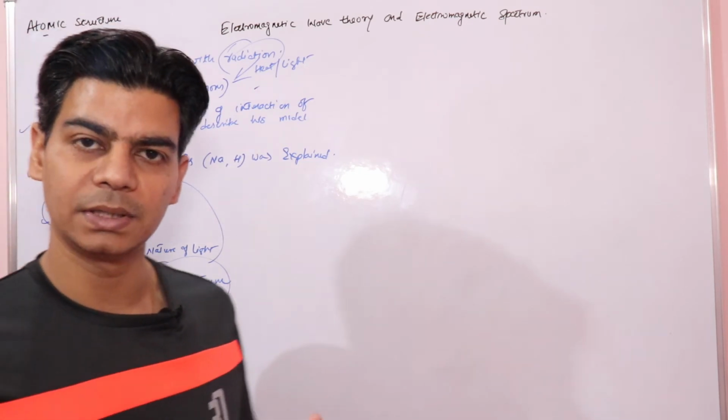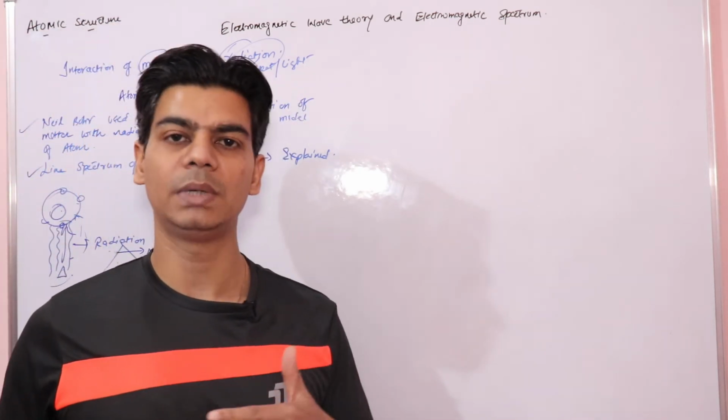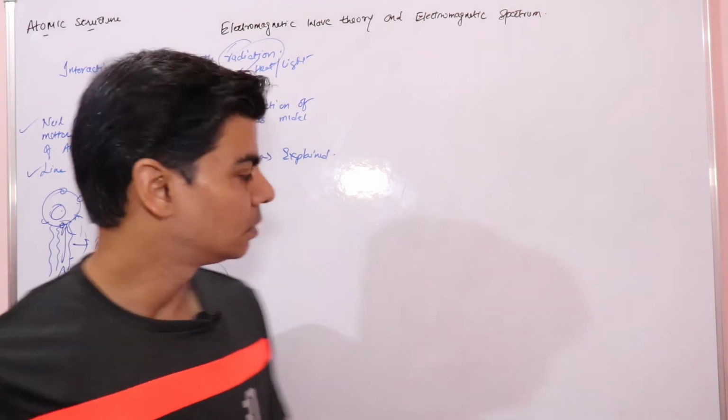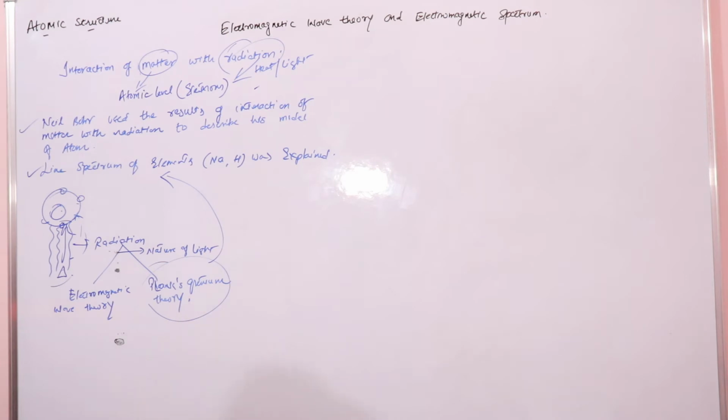And his model of atom is nothing but the improvement on the structure of atom that was proposed by Rutherford, right? Now, we'll understand the nature of light based on electromagnetic wave theory and Planck's quantum theory.